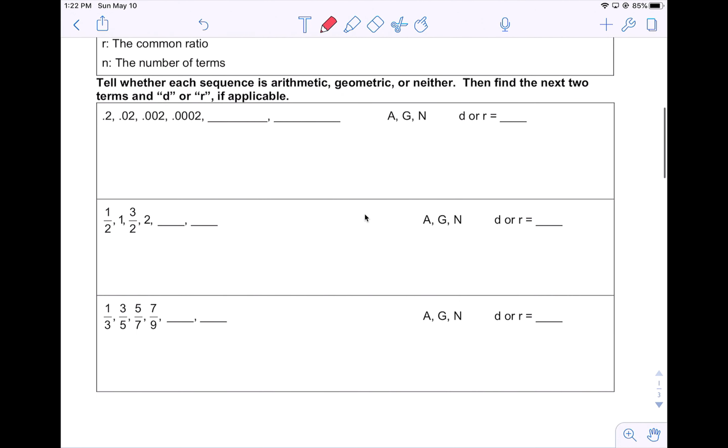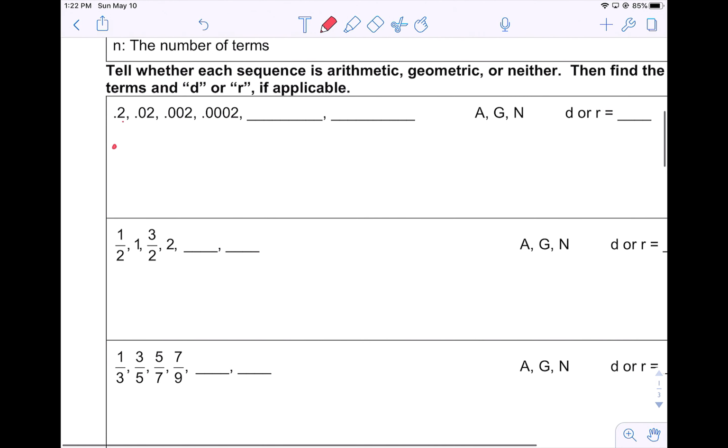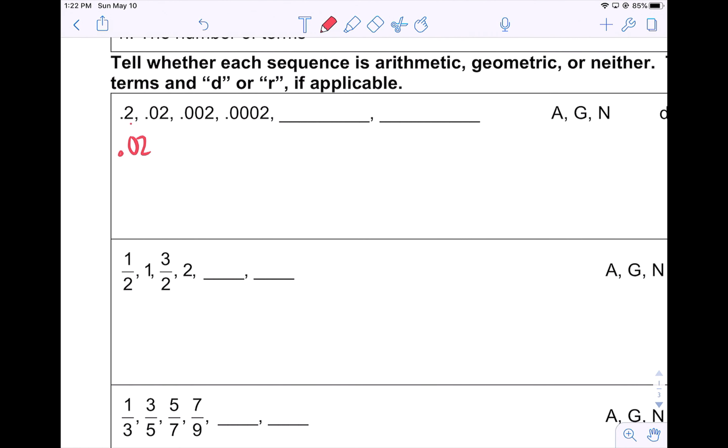So on this part, they're asking us to tell if these are arithmetic, geometric, or neither, and then if they are arithmetic or geometric, we are to find the next two terms and the common difference or the common ratio. So in this example, to figure out where I am, my common difference, if I take the second term minus the first term, that difference is going to be negative 0.8.